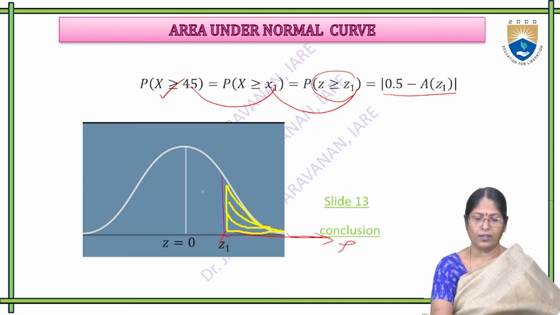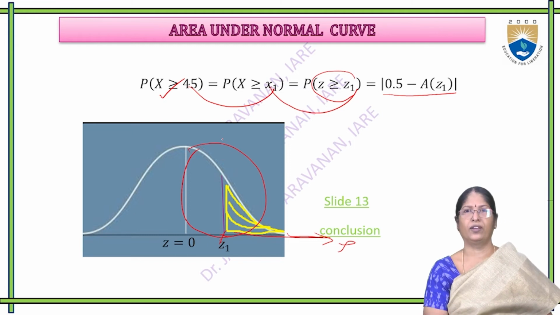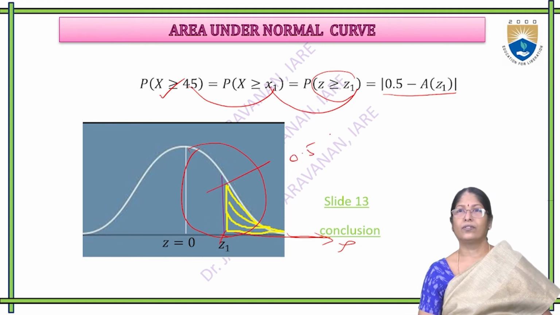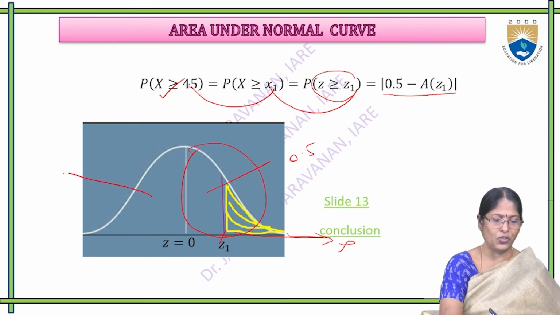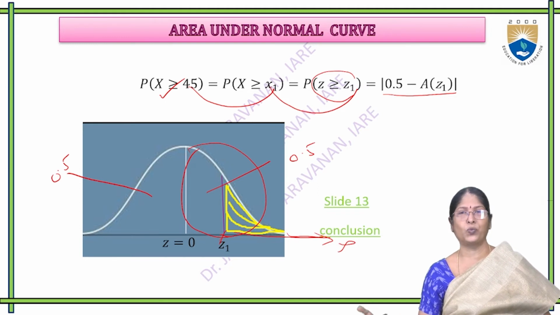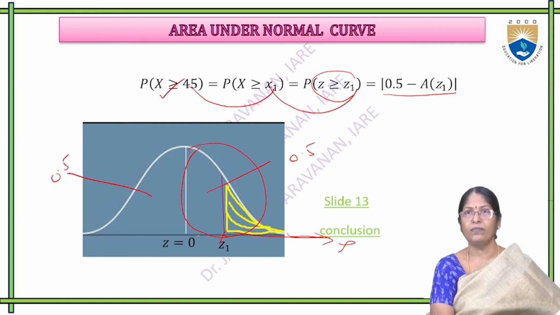But this half section, the area is totally 0.5. That is a mathematical fact we have to obey. Total probability is always 1. So what our question asks falls on this particular area.